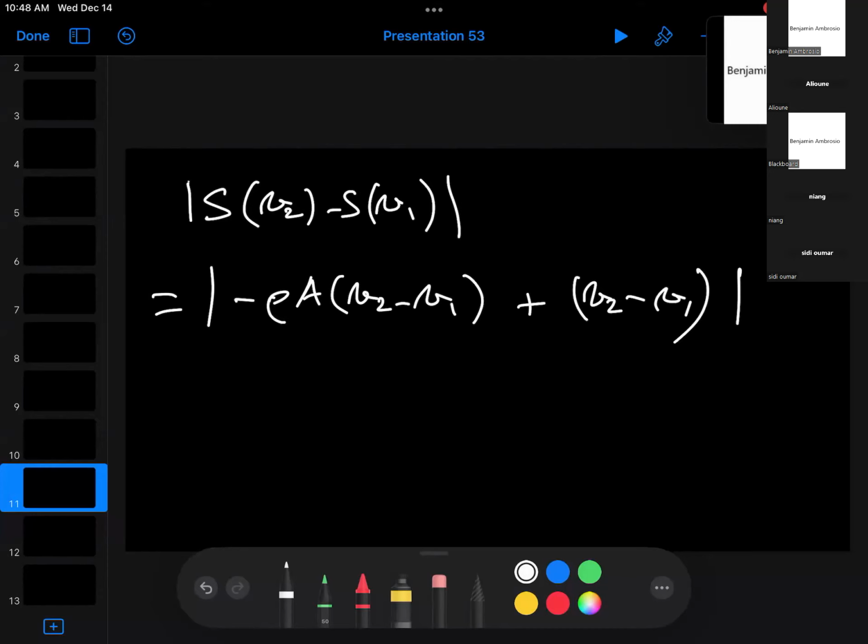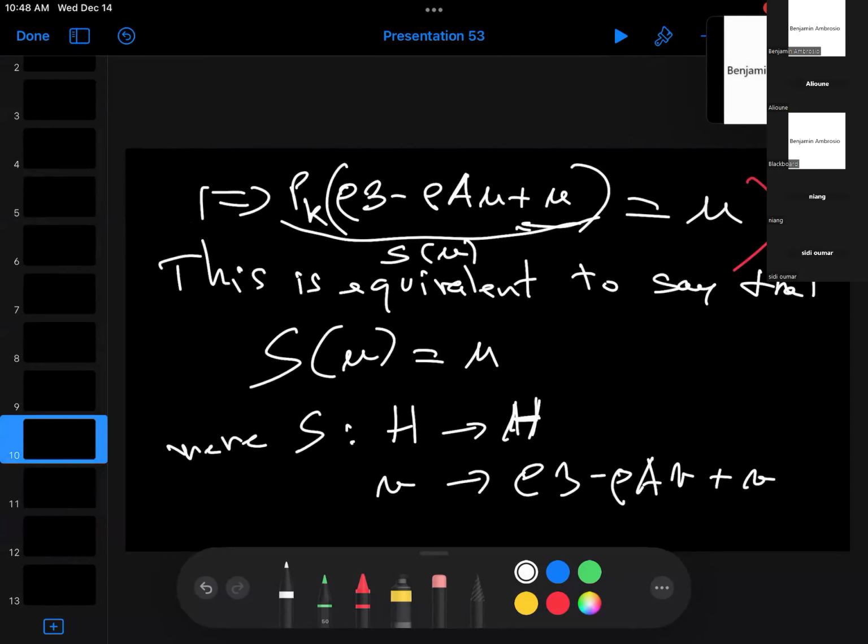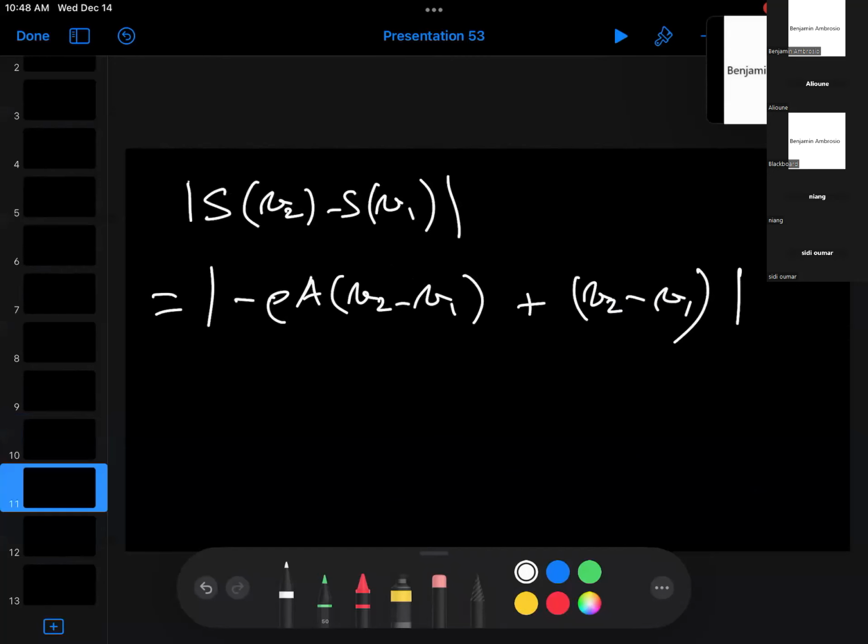I forgot the projection P_K, because in S there's a P_K here. Okay, but I have this result that the distance between the projections is less than the distance of the points. So if I do that, I'm good.